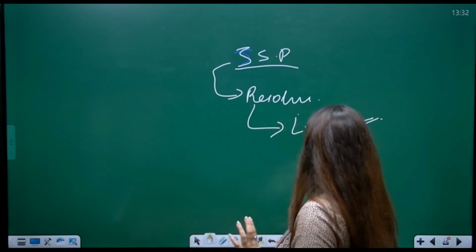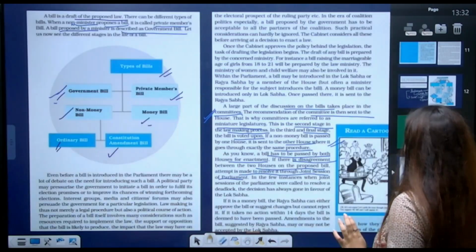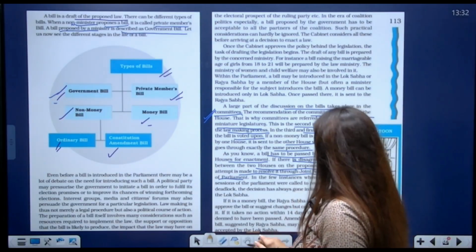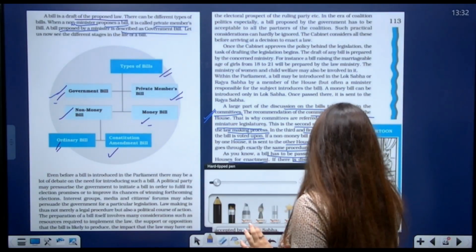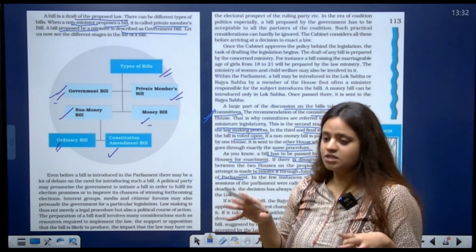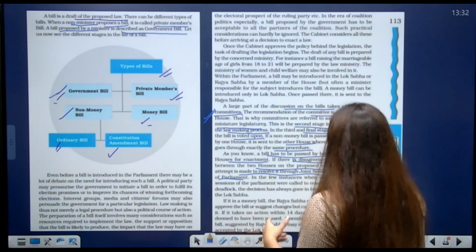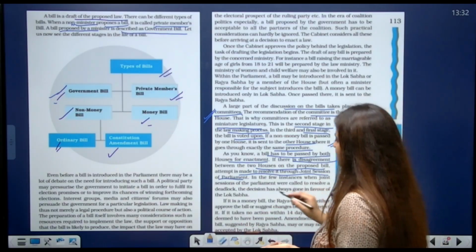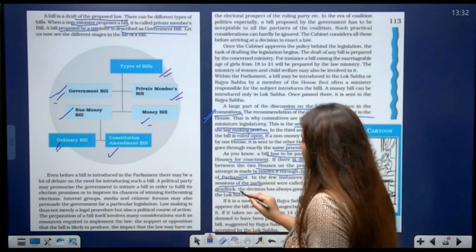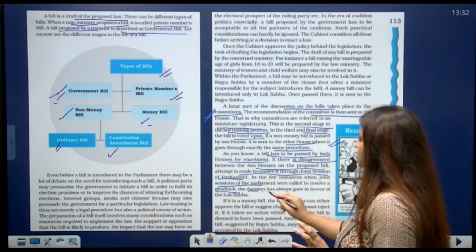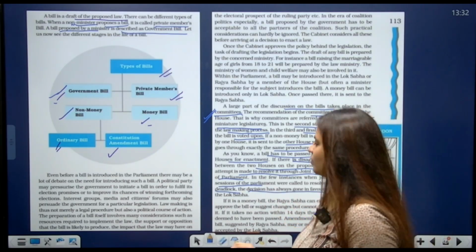Whatever the Lok Sabha says, it will happen like that. For instance, if there is a complete deadlock and no solution, then the decision has always gone in the favor of Lok Sabha.